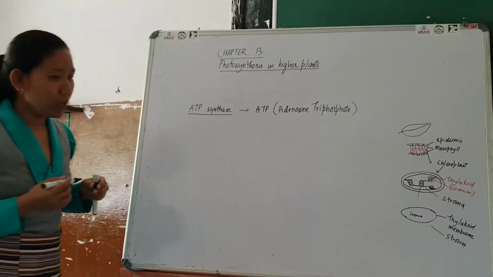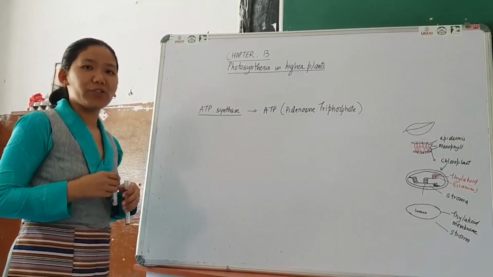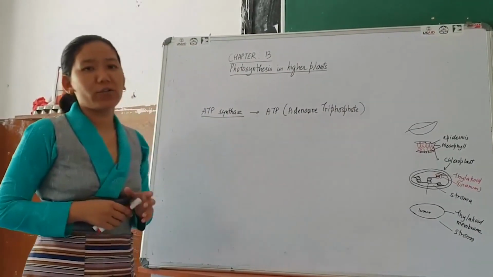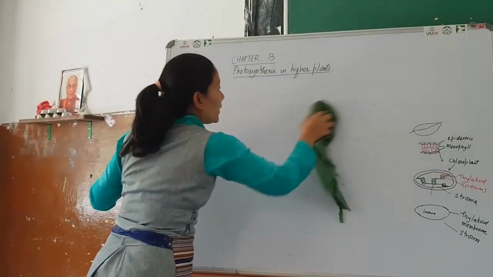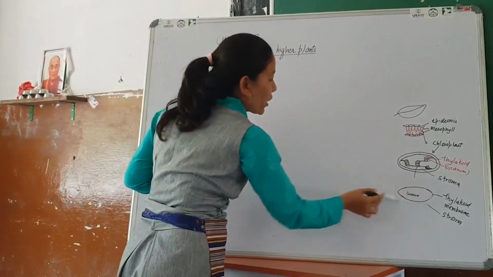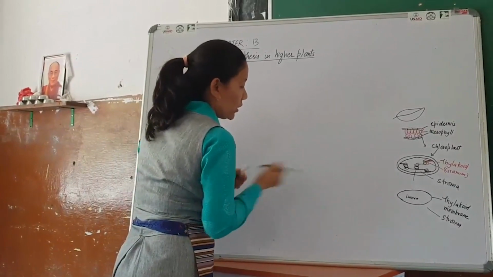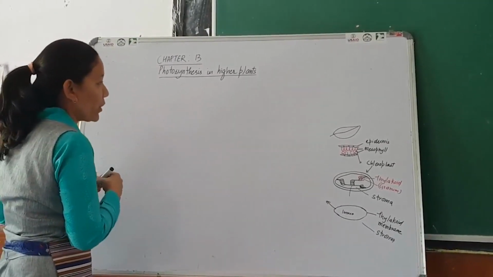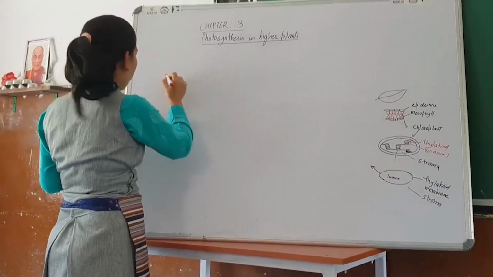Okay, so having learned all about the components of the light reaction on the thylakoid membrane, let us look at the reaction. As discussed, the light reaction takes place on the thylakoid membrane. So let me just show the enlarged part of this thylakoid membrane here.